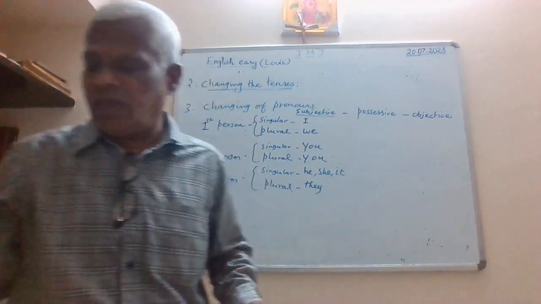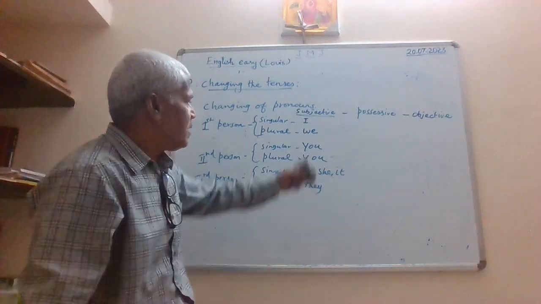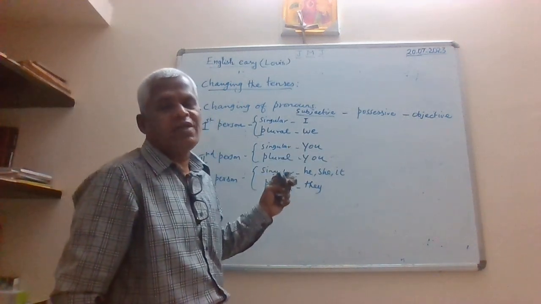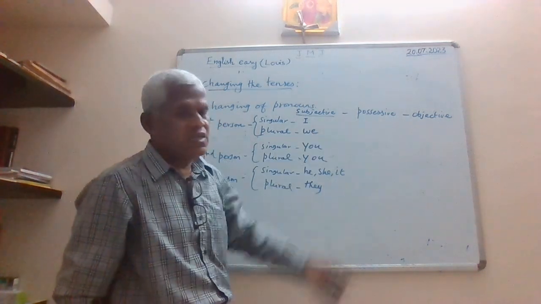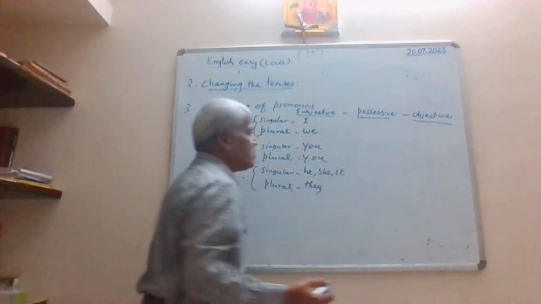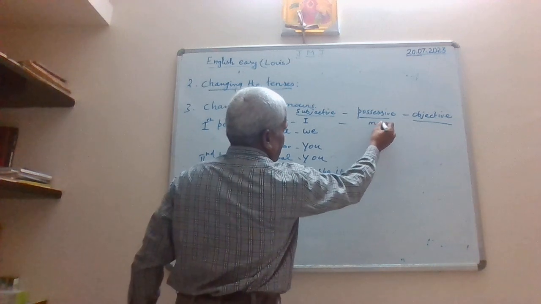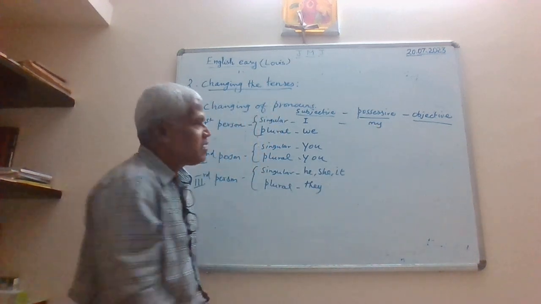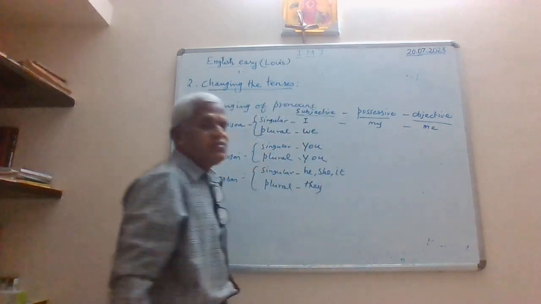Now you have to know the appropriate forms of the pronouns for various cases: subjective case, possessive case and objective case. So here you have I becomes my, and the object form for I becomes me.